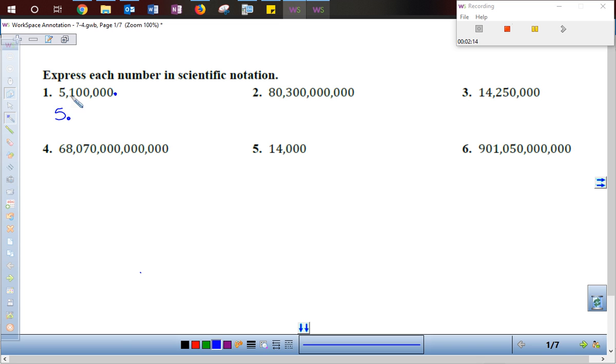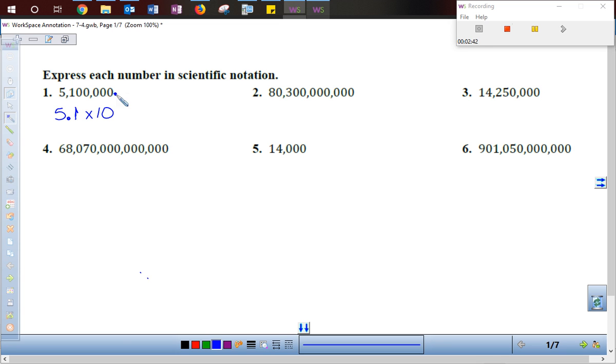Then I need to write down all of the numbers that come after that before the zeros start repeating. So what I mean by that is here's the number 1, and it's followed by 0, 0, 0, 0, 0, where they start repeating. So that's the number that needs to go after the decimal point. Then I'm going to write my times 10, and now I just need to figure out what this exponent's going to be.